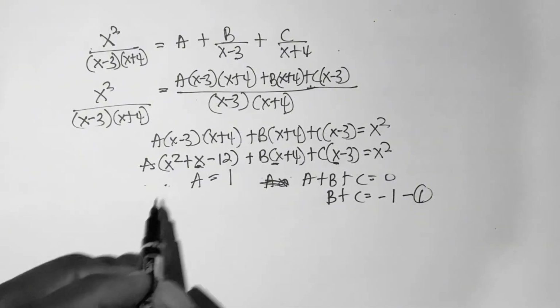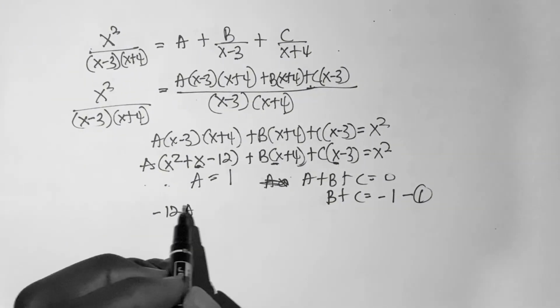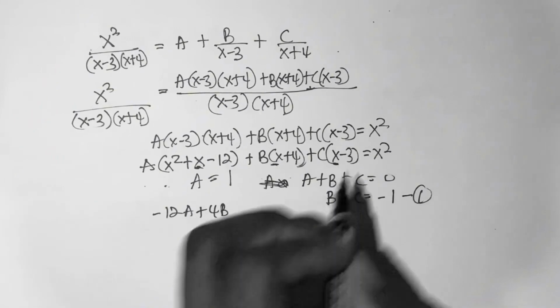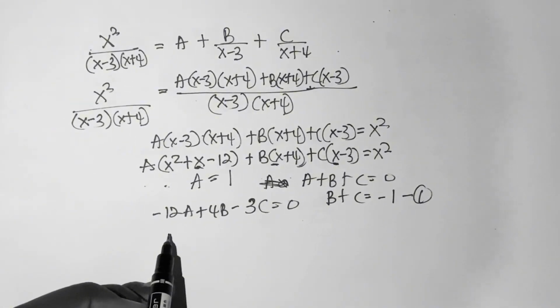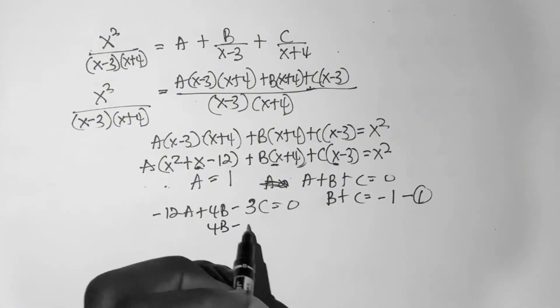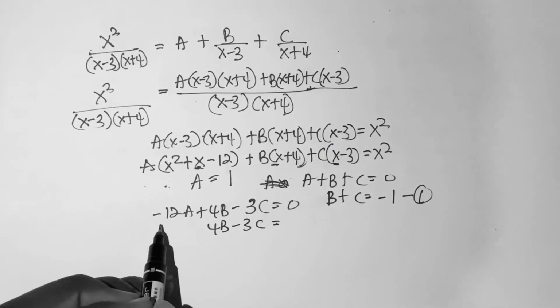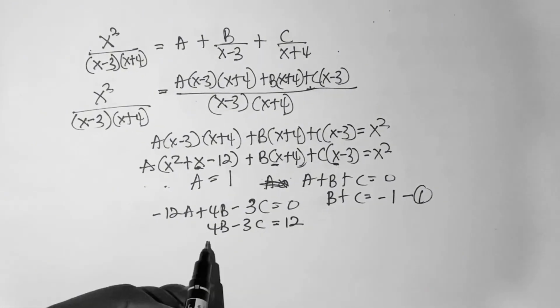Then now here's minus 12. So minus 12A. Then here's 4B. So plus 4B. Then minus 3C is equal to 0. Now A is equal to 1. And therefore 4B minus 3C is equal to 0 plus 12. And that's equal to 12.